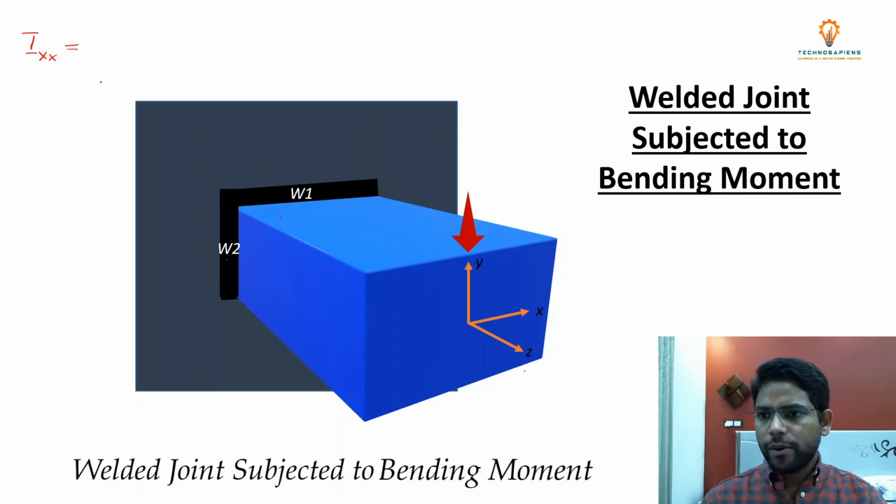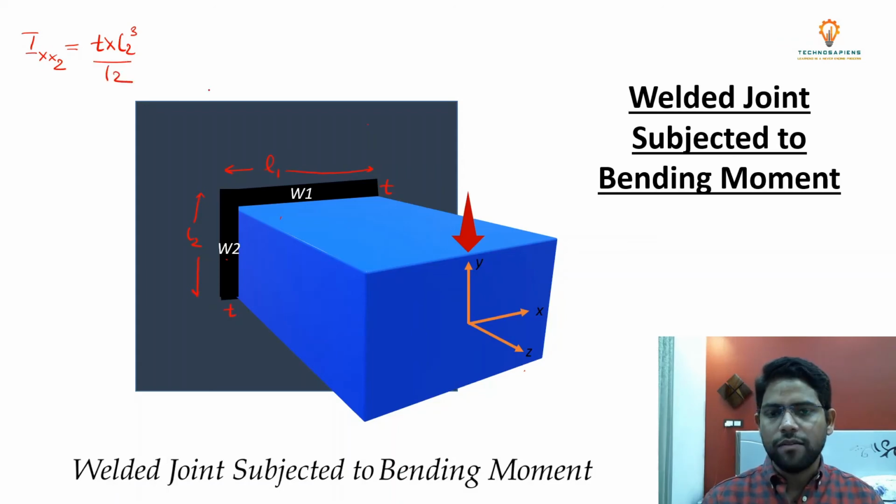So suppose we are going to calculate this for the second weld, and the length of this weld is equal to L2 and the width of this weld is T. Similarly, the length of this weld is L1 and the width of this weld is T. So Ixx2 is equal to T multiplied by L2 whole cube divided by 12.